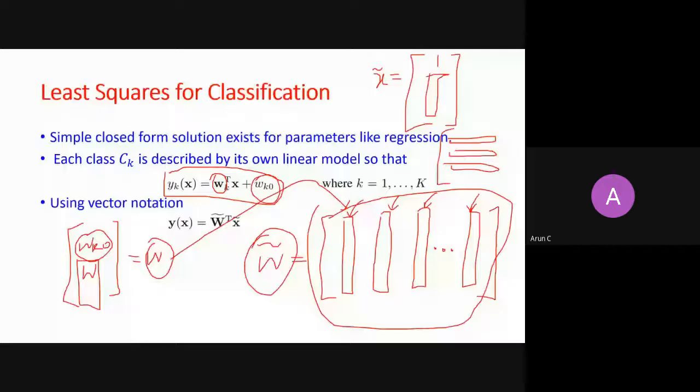It is the first row dot product, second row dot product, third row dot product. So I will get K entries, corresponding to the first hyperplane, second hyperplane, third hyperplane, and kth hyperplane. I will take the maximum of it and say that my X belongs to this particular class.